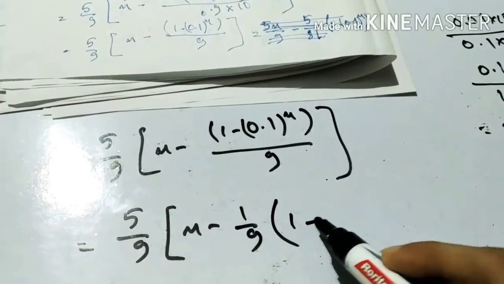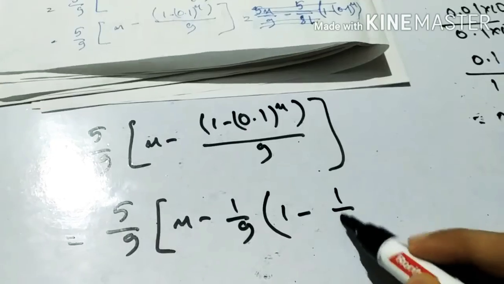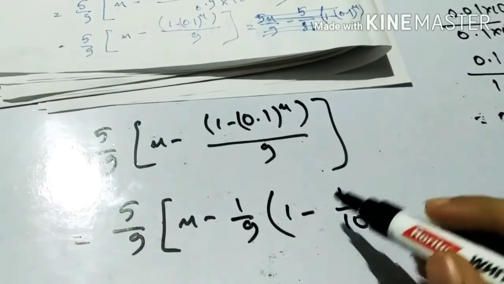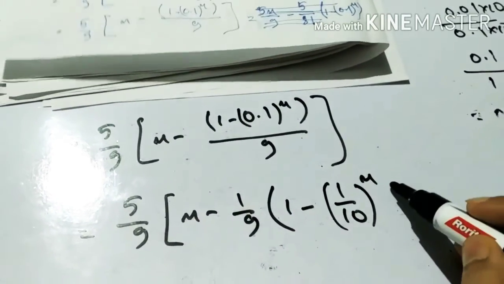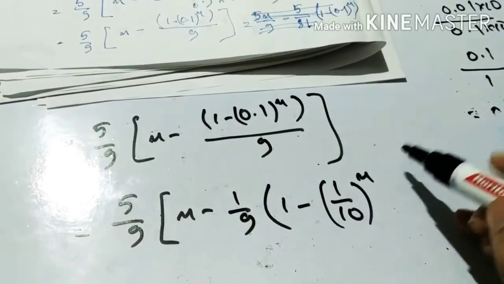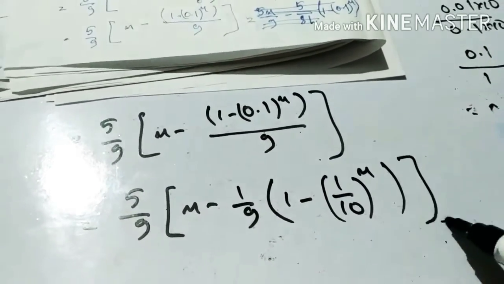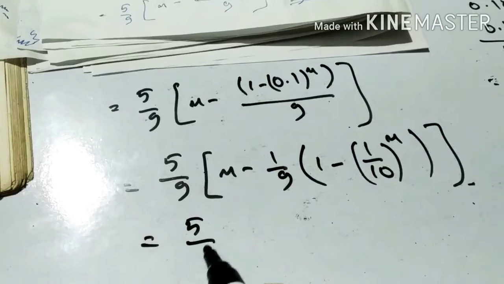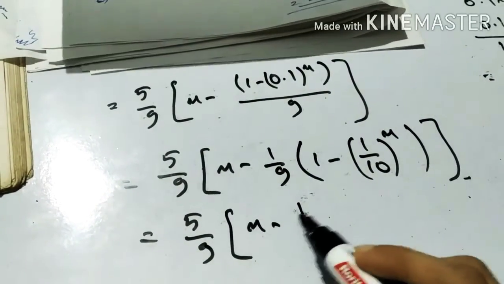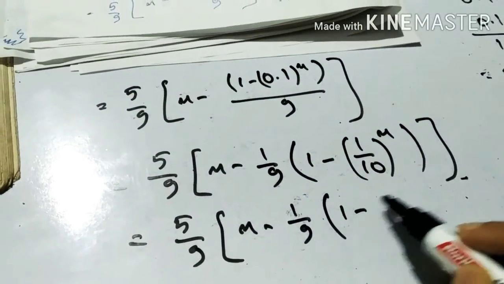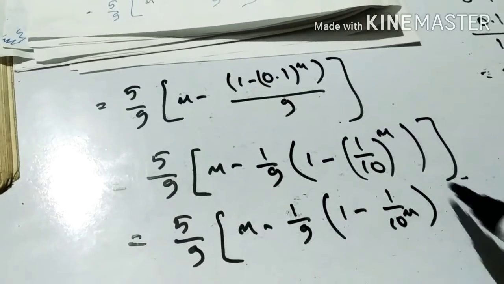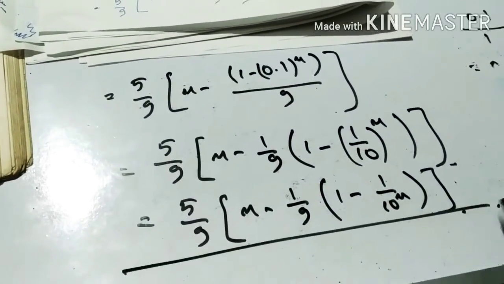Here you see 1 minus 0.1, how can I write it? I can write 1 by 10. Yes, 1 by 10 to the whole power n. So this is equal to 5 by 9 n minus 1 by 9, 1 minus 1 by 10 to the power n. This is our answer.